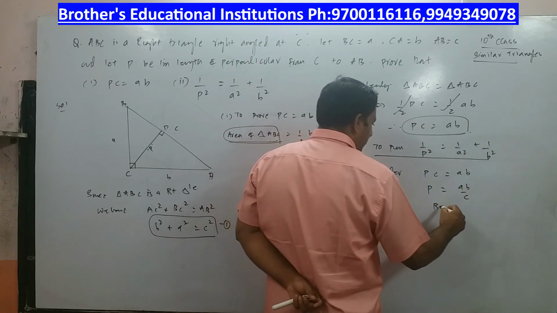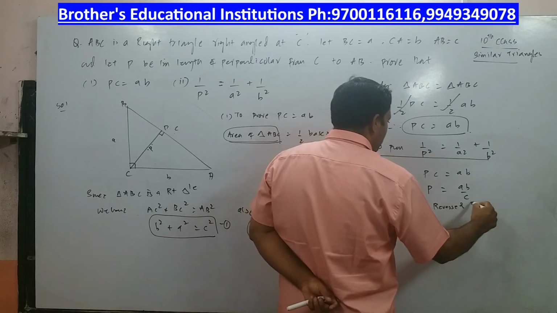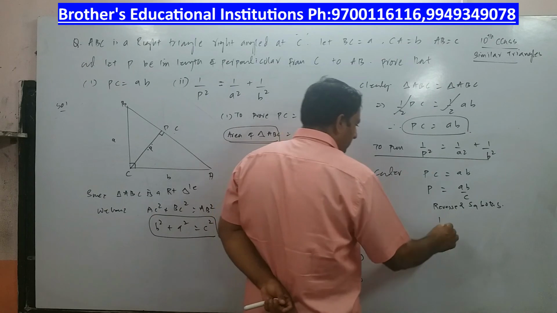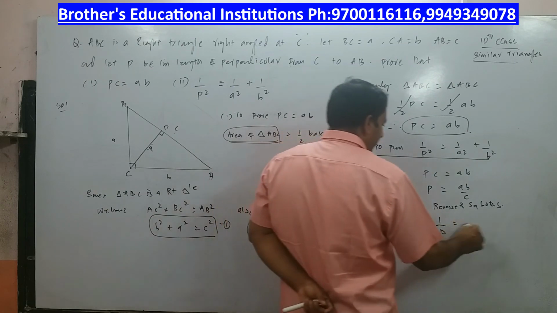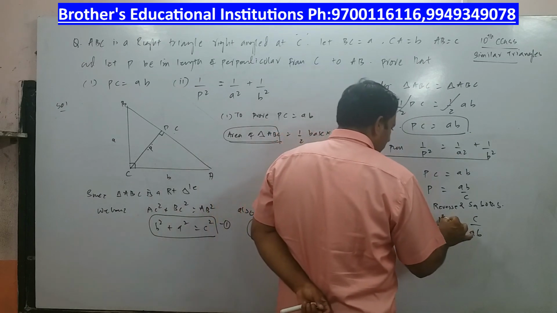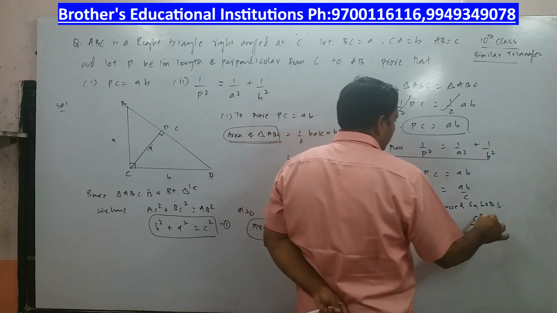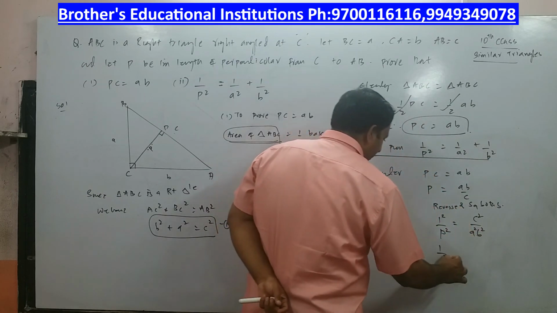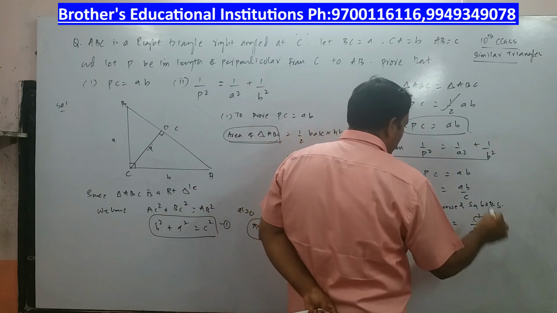Again, I will reverse and square both sides. When I reverse, it is 1 by p is equal to c by ab, and squaring both sides, 1 by p square is equal to c square by a square b square.